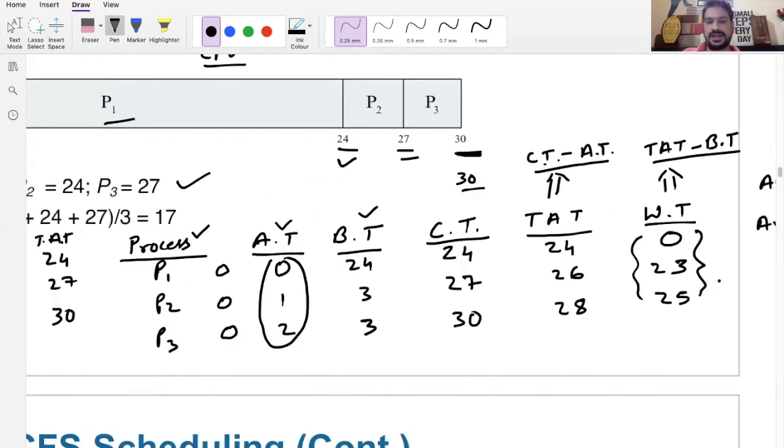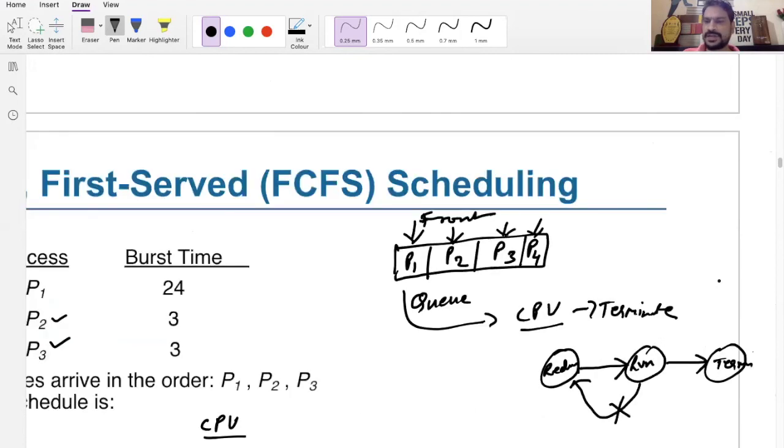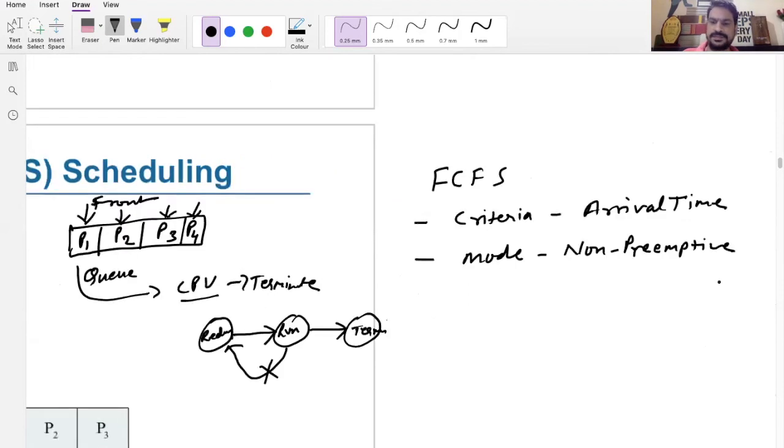Another thing that we have to talk about related to first come first serve scheduling is the queue arrangement. The first criterion for the queue is arrival time, right?